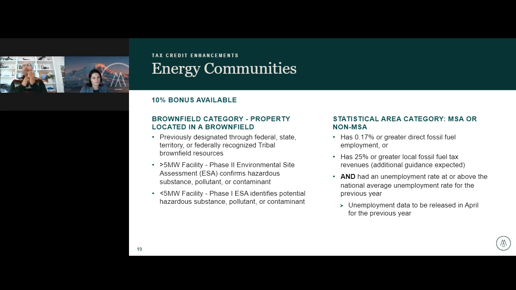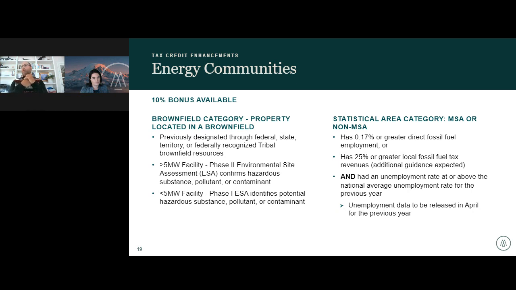The next 2 ways are ways that we can just pull up a mapping tool. The Department of Energy has developed a mapping tool that gives you the initial look to say, yeah, we're in an energy community or not. And as well, they've published specific census tract data that you can then reference, and that is more authoritative than just the mapping tool.